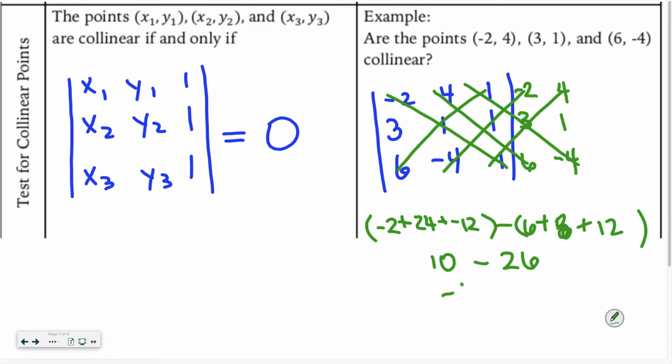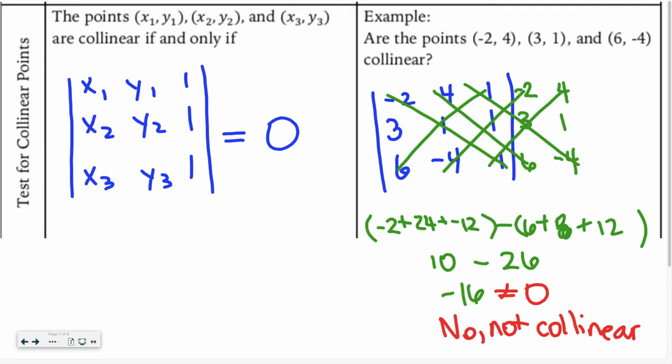And so -16 is our determinant, which means, are these points collinear? No. Since this does not equal 0, our answer is no, they're not collinear. If our determinant did equal 0, then those three coordinates would be collinear.